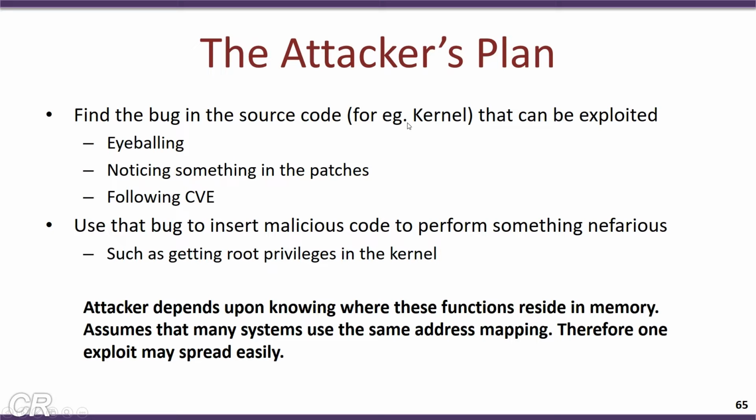So, the first thing, as we know, the attacker should be doing is to find a vulnerability in the operating system kernel. The way he would do this is by looking at the source code or by noticing something in the patches that get applied to the operating system kernel and find out that there is a vulnerability in one of these patches, or the patches actually fix a specific vulnerability, or the third way is by following the CVE. So, once he has found a particular vulnerability in the source code, the next thing is to use this vulnerability to subvert the execution.